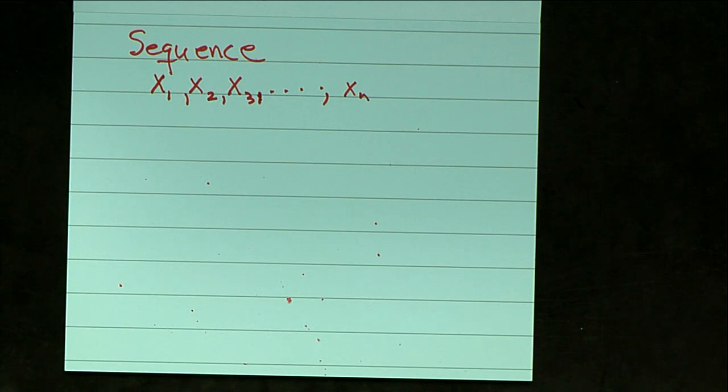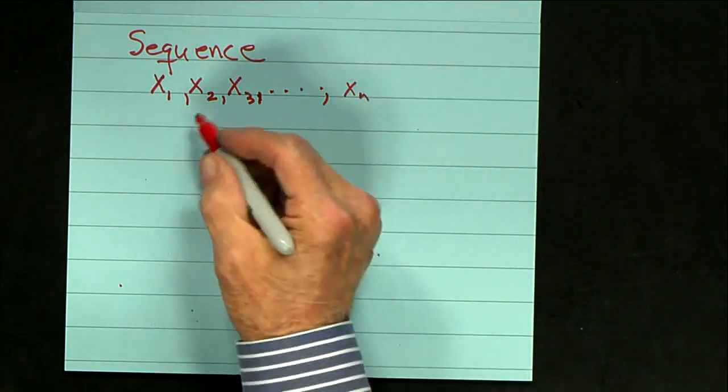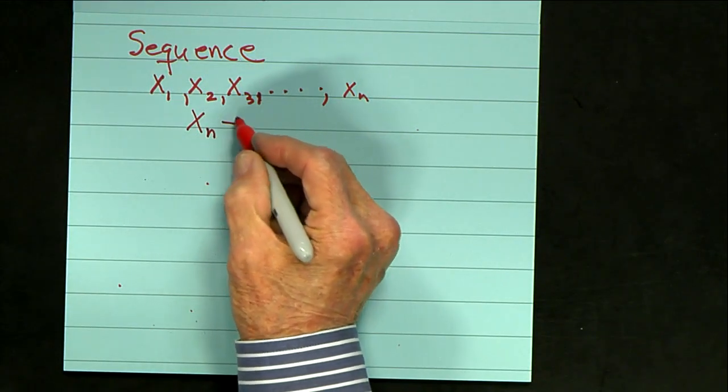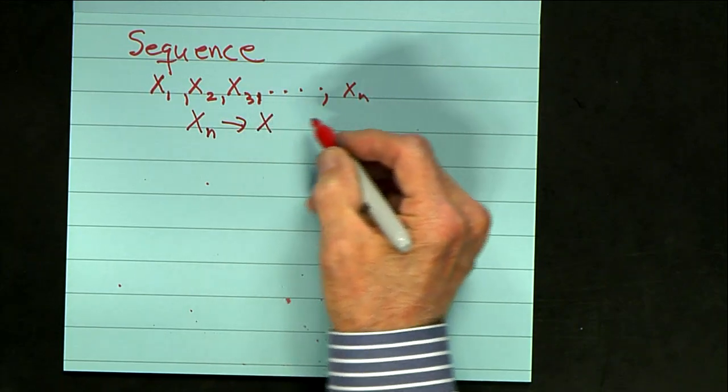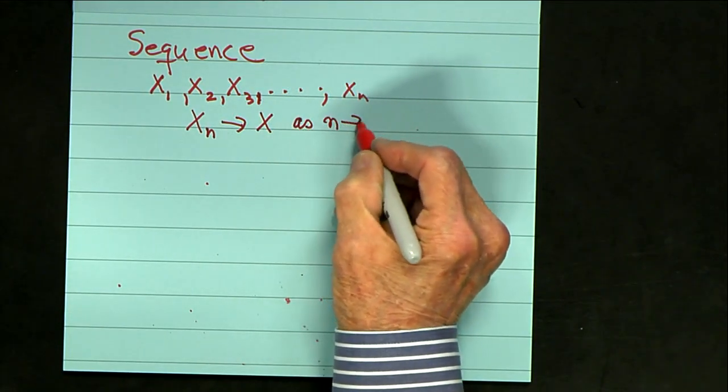But here's the question: Xn goes to X as n goes to infinity.